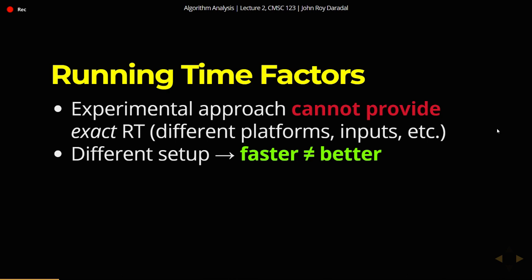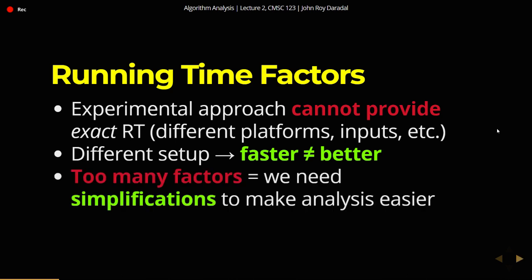For example, if you run on a faster computer or the latest model, compared to running it on an older model, then of course the other one would run faster, but it's not necessarily better, right? Same with using a low-level programming language that usually runs faster than a high-level programming language.